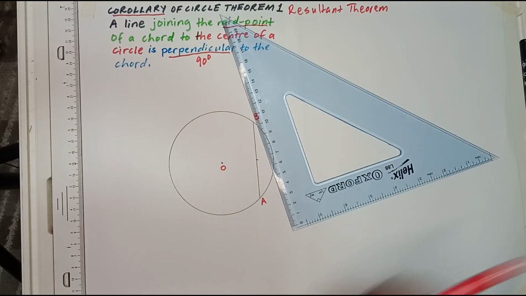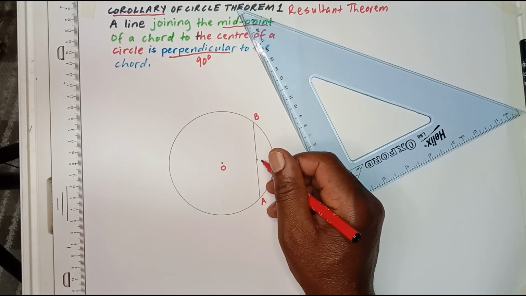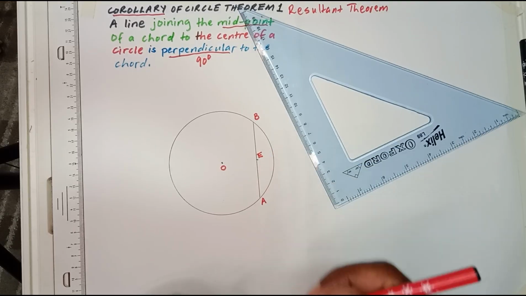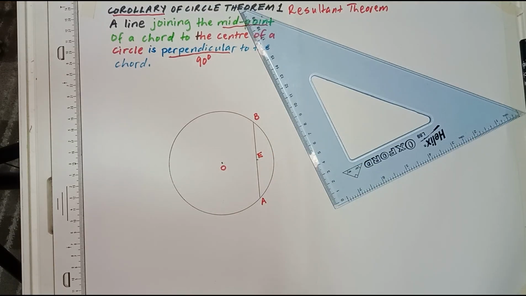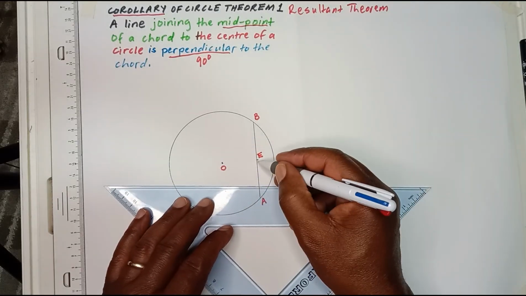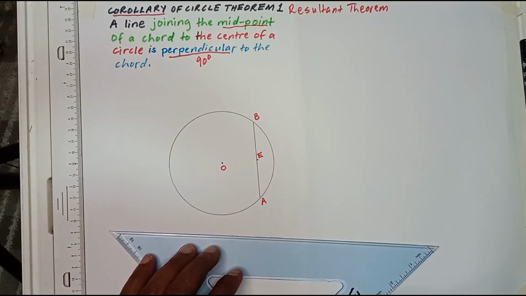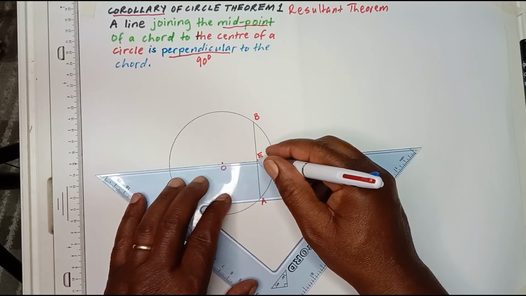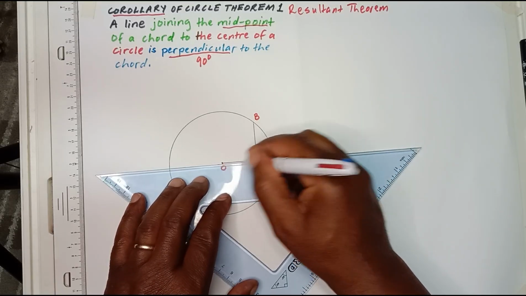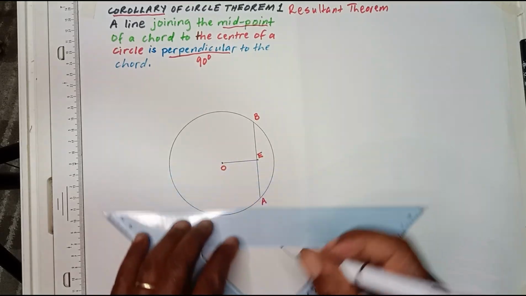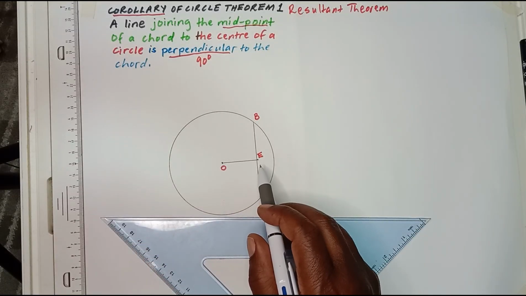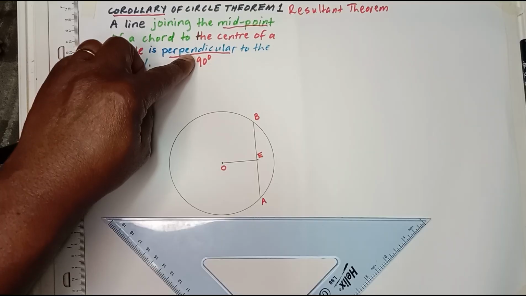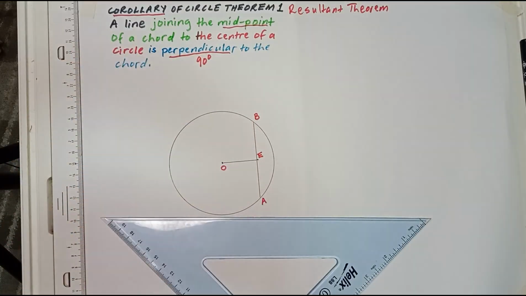So we can get the midpoint by simply measuring. Let's call this point E. E is the midpoint of chord AB. If we join the midpoint E to the center of the circle O, we create a line segment OE. This line segment is said to be at 90 degrees to AB, the chord.